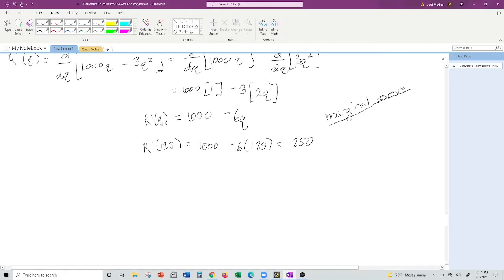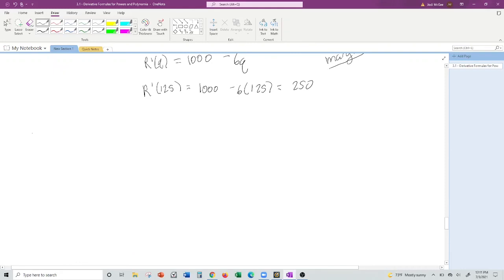Alright. Then I have room to make a little note down here. Note that the derivative of position is velocity, and then the derivative of velocity is acceleration.